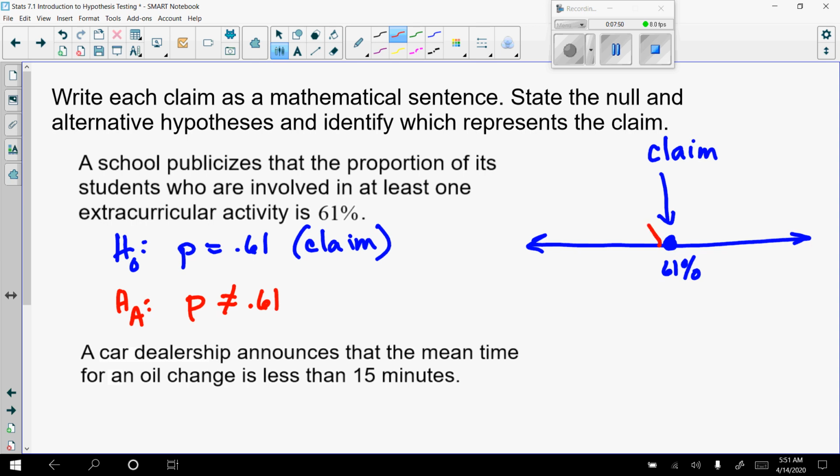Everything else on either side would be the alternate hypothesis, and only this point would be the null hypothesis.